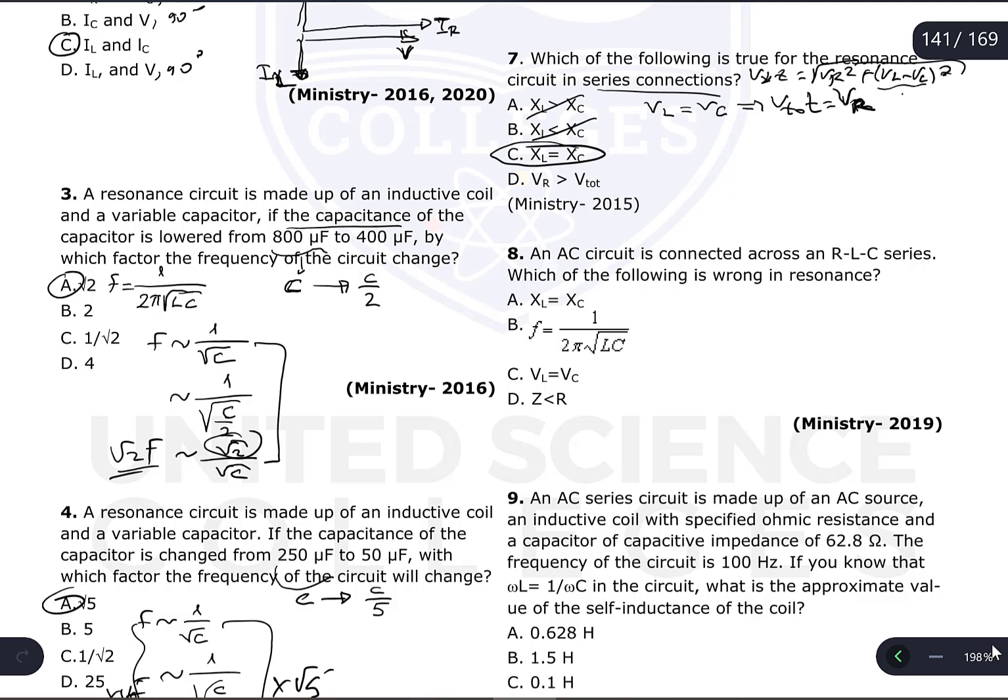Because these two are equal, the difference is 0, the second term is 0, only VR squared remains, and when we take the root, we get V total is equal to VR. So V total equal to VR is a condition for series resonating circuits, but this option says that VR is greater than V total. This is not correct as well. So this is the correct answer.